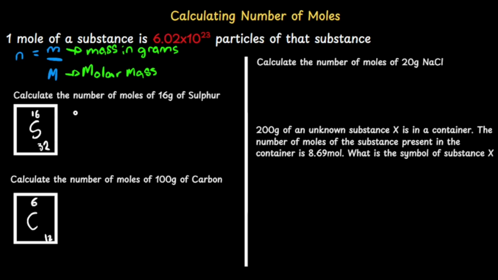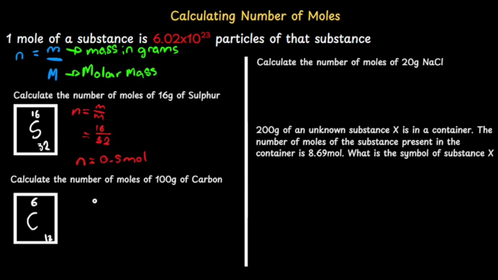We can simply use the number of moles formula, which is n is equal to mass over molar mass, and in this case the mass is 16 grams divided by the molar mass of sulfur, which is right here, it's 32, and we would obtain the answer of 0.5 moles. So the number of moles of sulfur present in the system when 16 grams of sulfur is the mass is 0.5 moles of sulfur atoms.